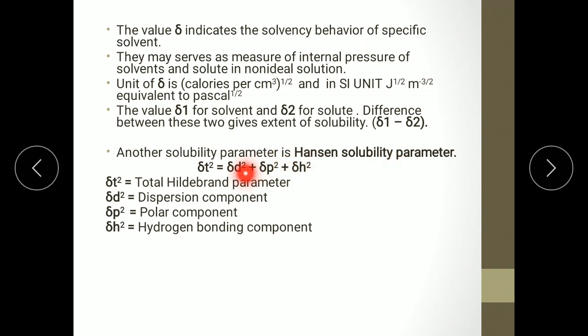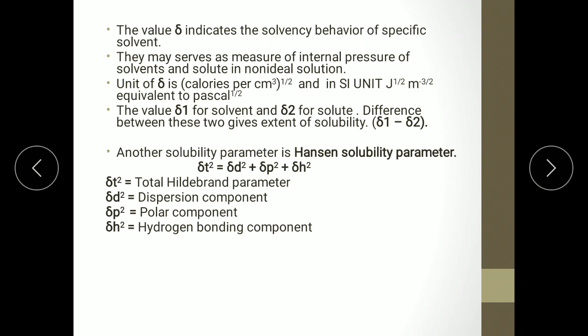It depends on three parameters. First one is the dispersion component of solute. Next one is the polar component of solute or solvent, and the hydrogen bonding component between solute and solvent. This is about the solubility parameter.